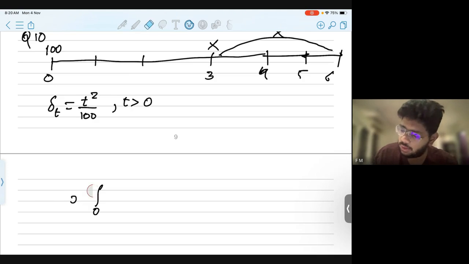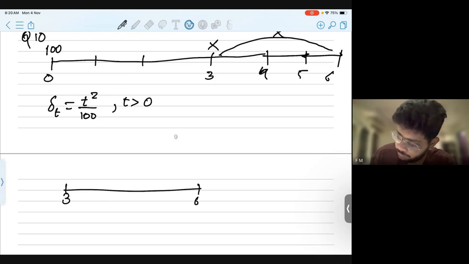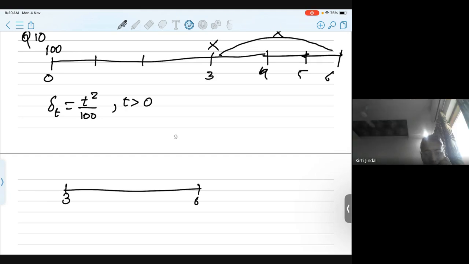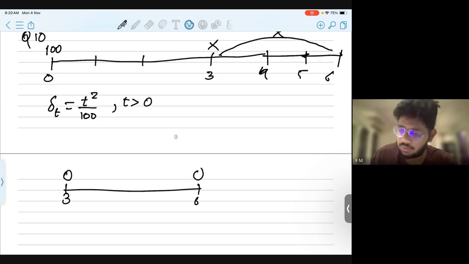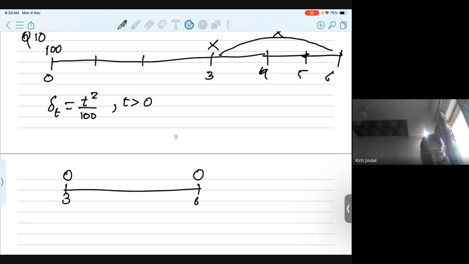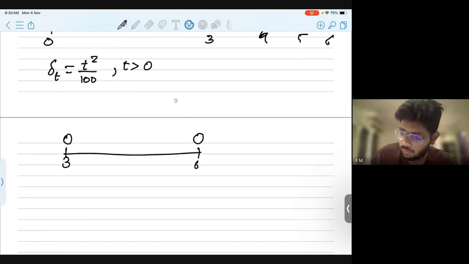How will you figure out the interest from time 3 to time 6? What will you need to find out the interest? Accumulated value at time 3 and time 6. हाँ. तो accumulated value at time 3 तो figure out करना पड़ेगा.